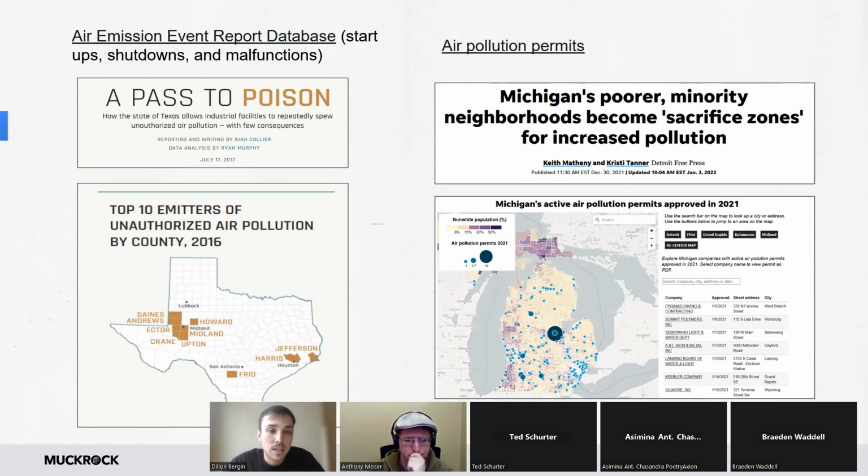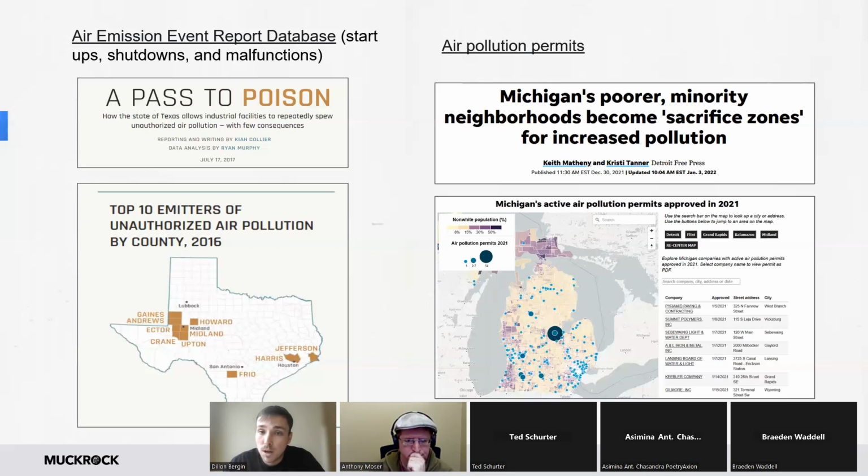Basically they took this data and looked at where this was happening the most and used some other data from that data set. So that's a great article to check out using that type of document.